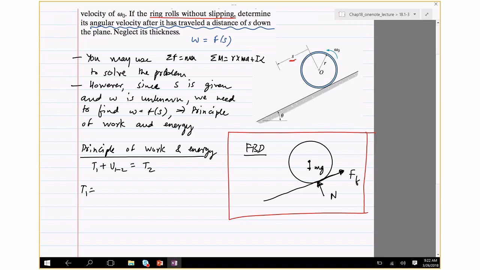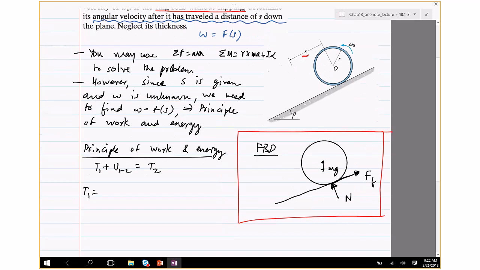Let's try to identify the individual terms. What's the initial energy? Is it 0?